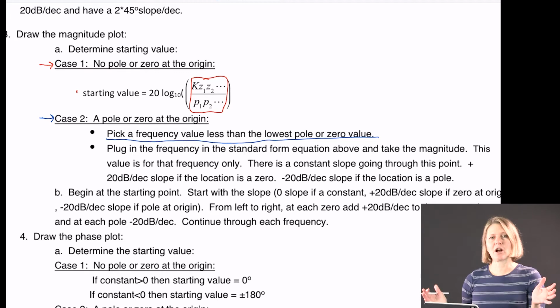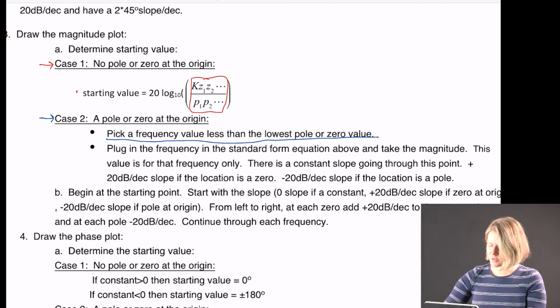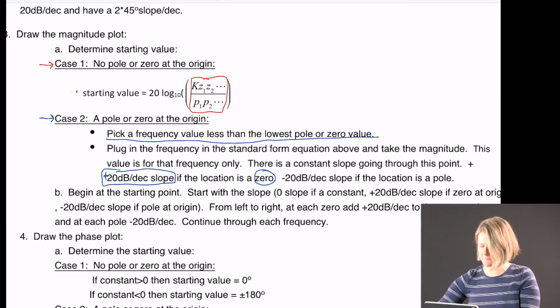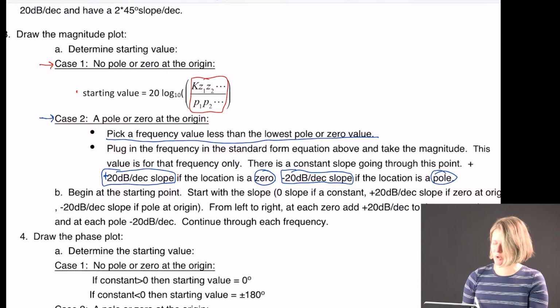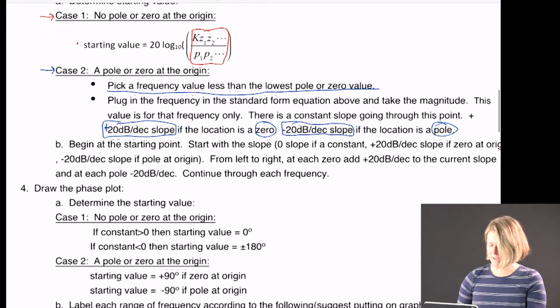We don't have to calculate all of them, just that one. If it is a zero, you have a plus 20 dB per decade slope going through that point. If it's a pole, you have a negative 20 dB per decade slope going through that location.